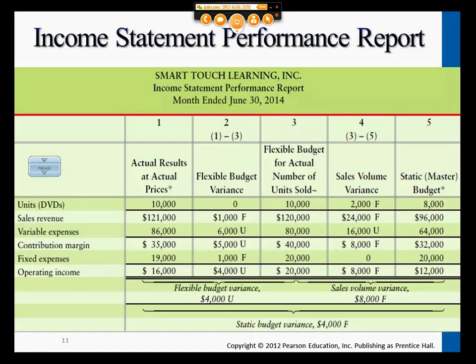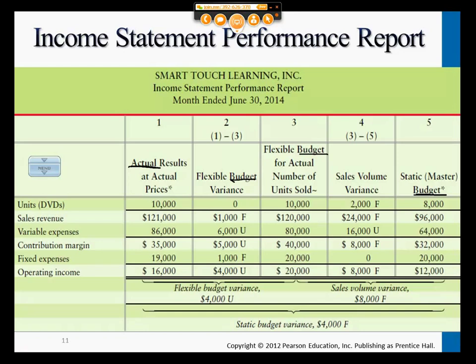So pay attention. This is your actual result for actual prices. It's derived by you from your actual sales and such. It's nothing projected. So in column 1, we have a performance report that shows actual results.